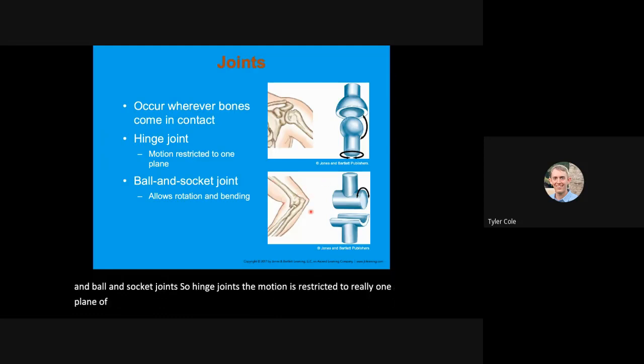So if you're looking at the knee here, it only goes back and forth. It's not going to go side to side or twist around. Where ball and socket joints, like for example our shoulder, we have a unique range of motion that can kind of go in circular, up and down, and various other directions.